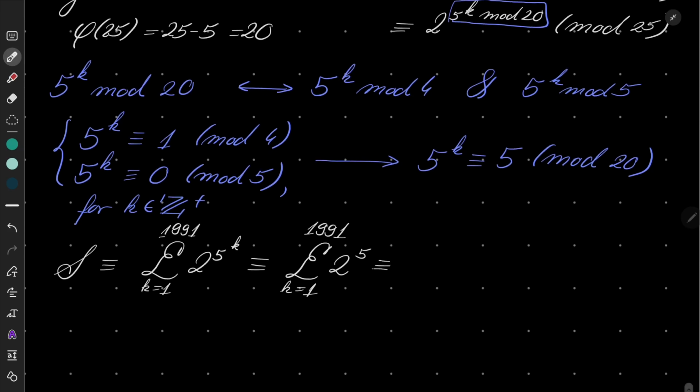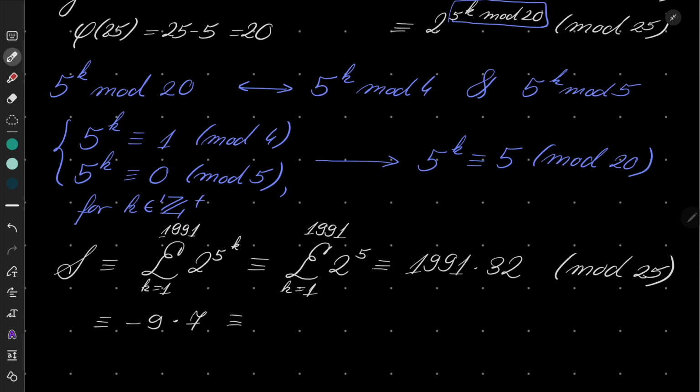So we have 1991 times 32 modulo 25. Okay, but now let's simplify it. 1991 is congruent to minus 9, and 32 is congruent to 7. So this number is congruent to minus 63, and minus 63 is congruent to 12 modulo 25.